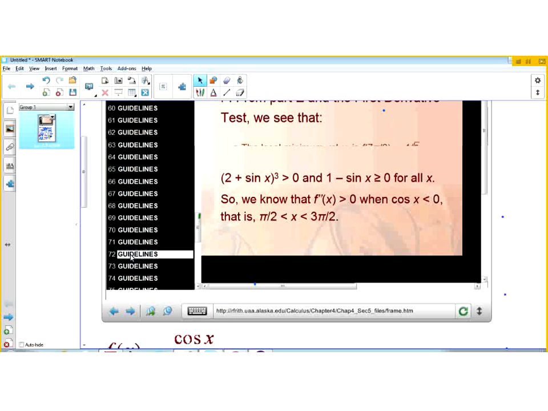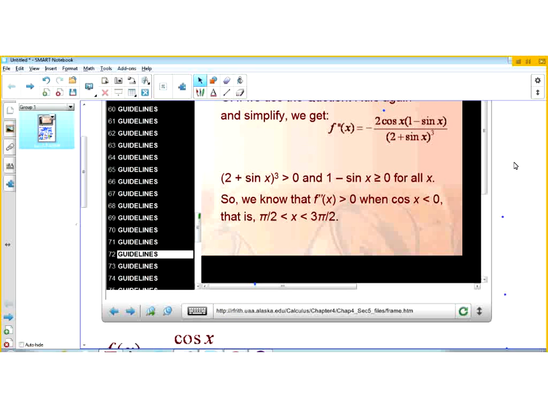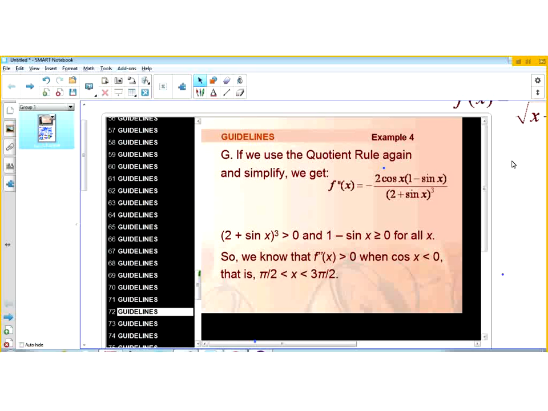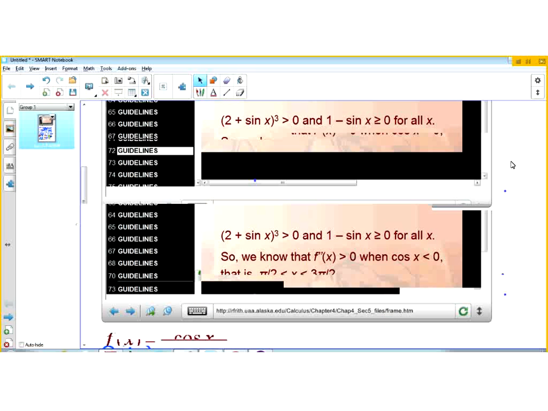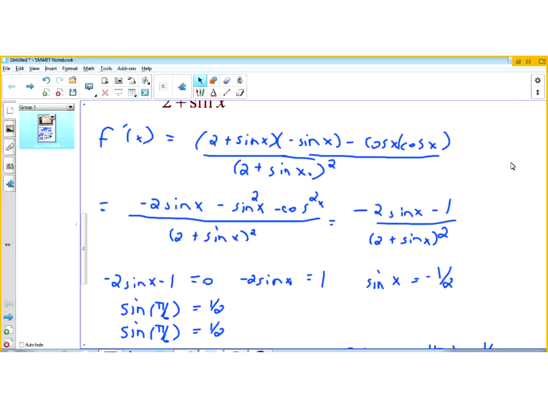All right, so next slide, 72. Oh my goodness, they go and calculate the second derivative to check for concavity, right? All right, so let's calculate the second derivative.